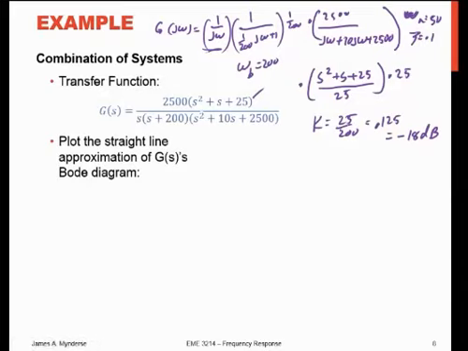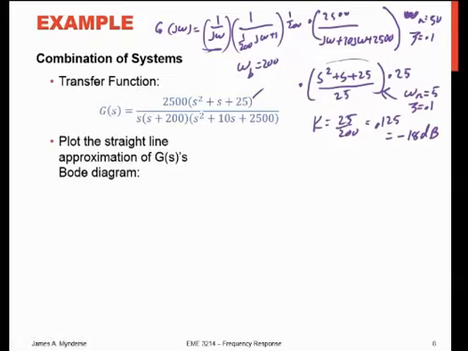And then for this zero here, it turns out that omega n equals 5, and zeta equals 0.1 again. That's for this term there, my zero, excuse me.